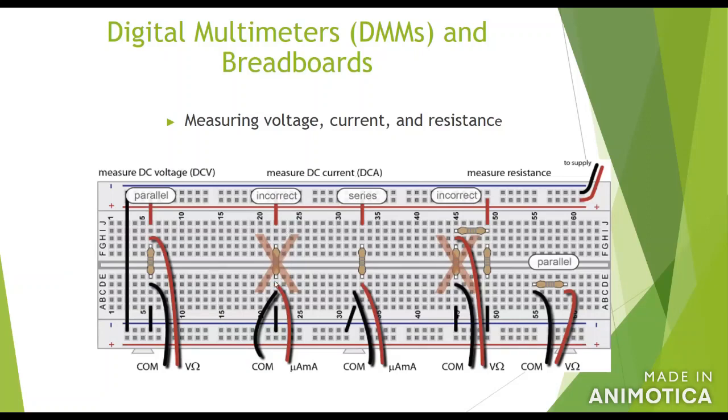You cannot do it like this, because we know that for each column, the 5 holes are connected to each other. So you have to separate this into 2 columns, because that way you can measure the current. That's something you want to understand.